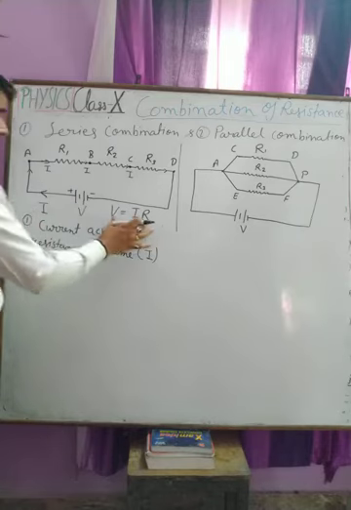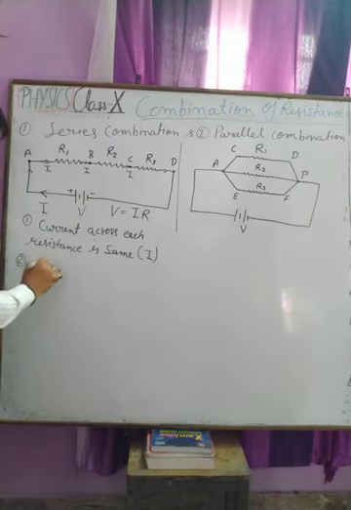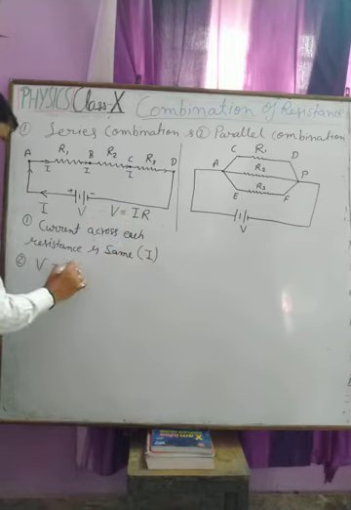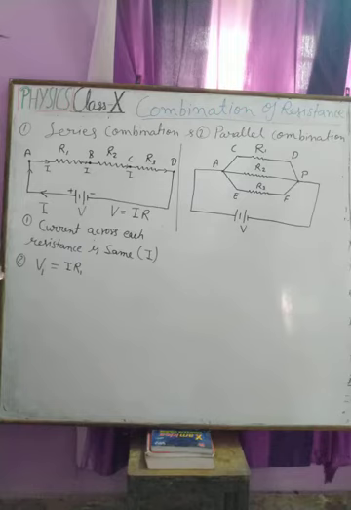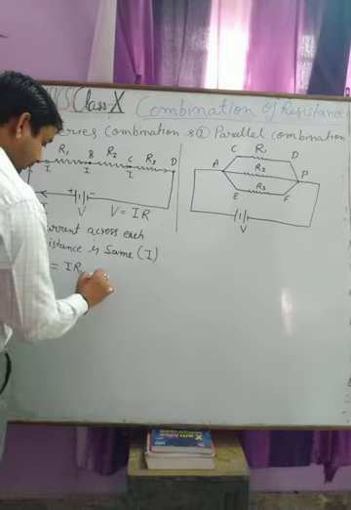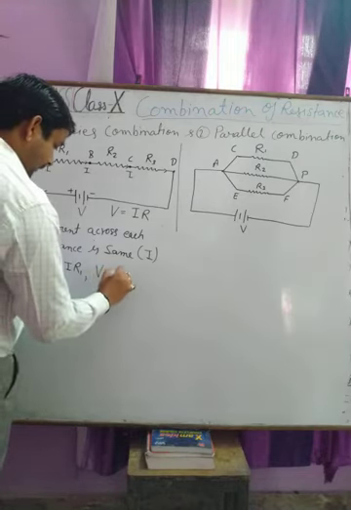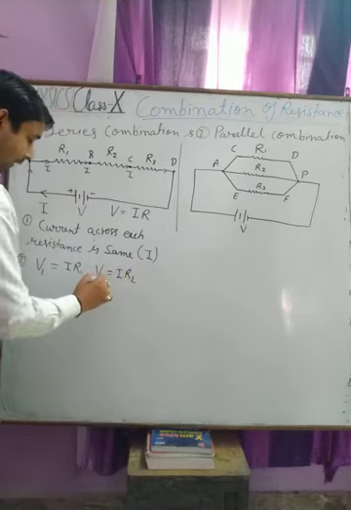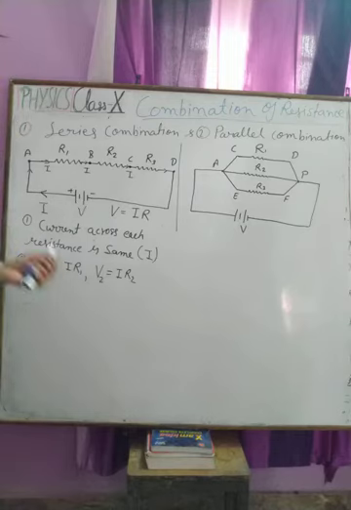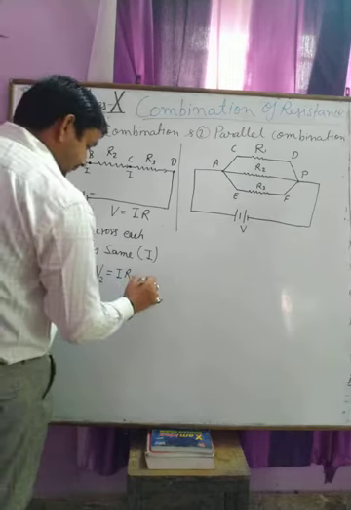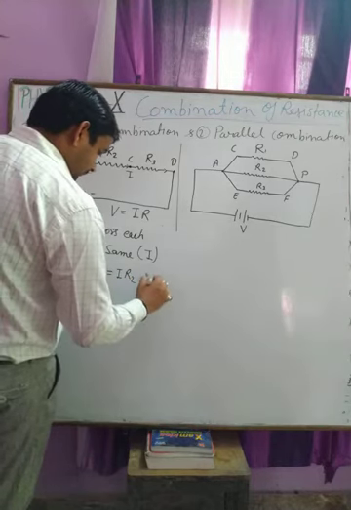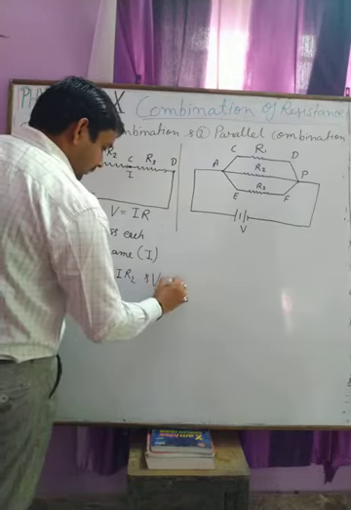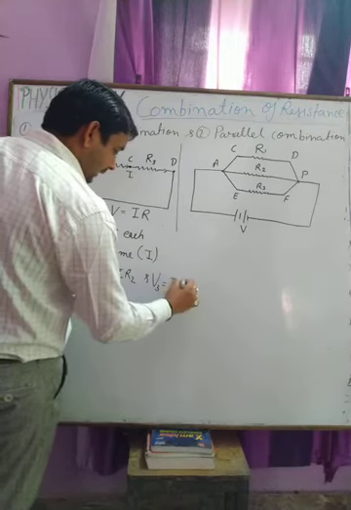So by the result, V across I R1 we take as V1, and V across I R2 we get a different result, which we call V2, and across the resistor R3 it is V3.